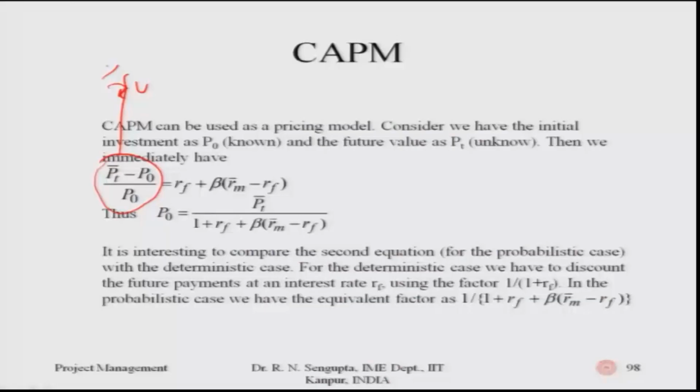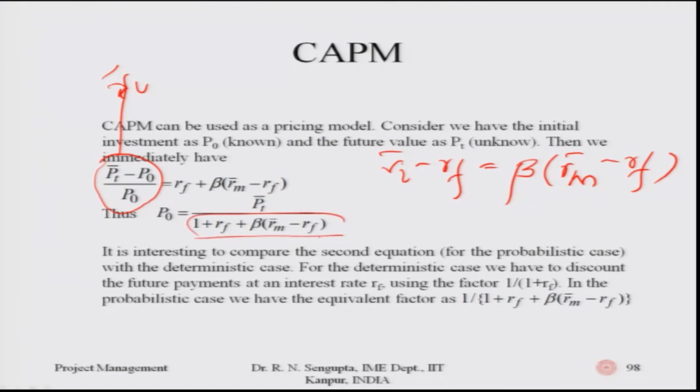Now, if you bring RF onto the left hand side, this is exactly the model which you have already considered in the deterministic sense. So, P0 is given by P bar T, and the terms which come in the denominator basically give you some concept of a discounted rate of return.